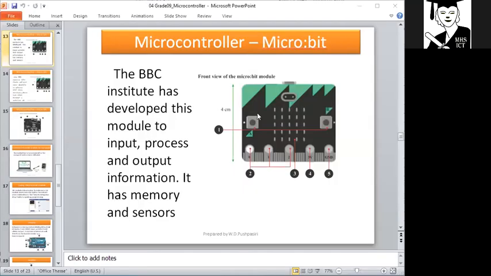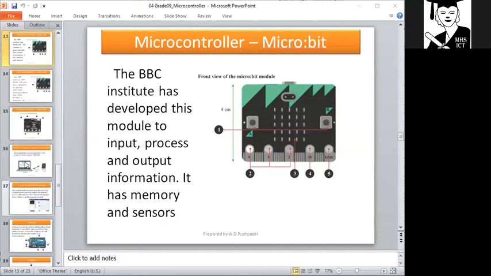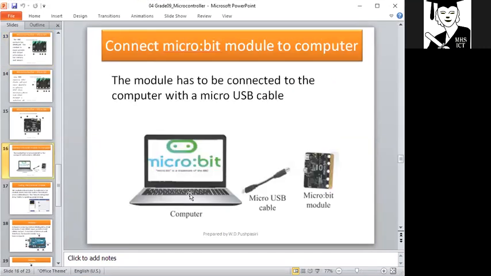We will discuss here how the microbit is going to be controlled. Look here. This is the microbit controller. The circuit is here and the computer is here. So this is the USB connector.